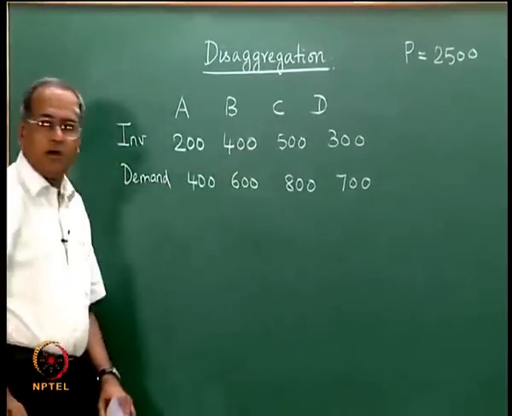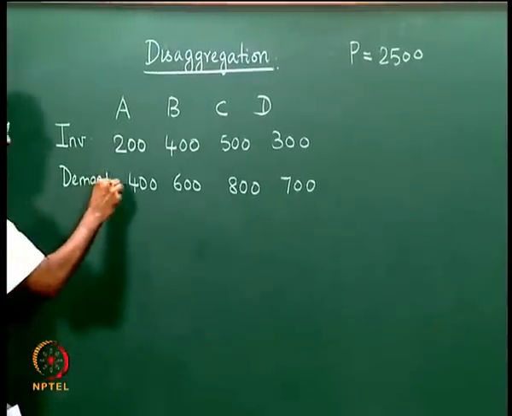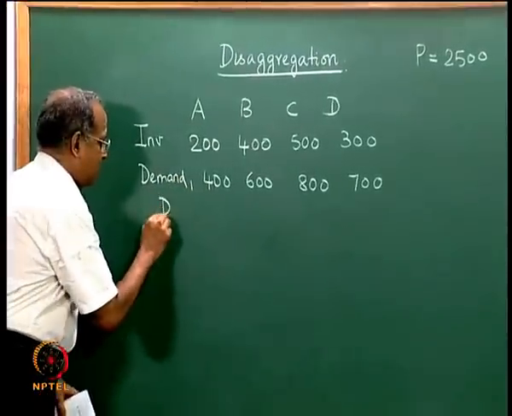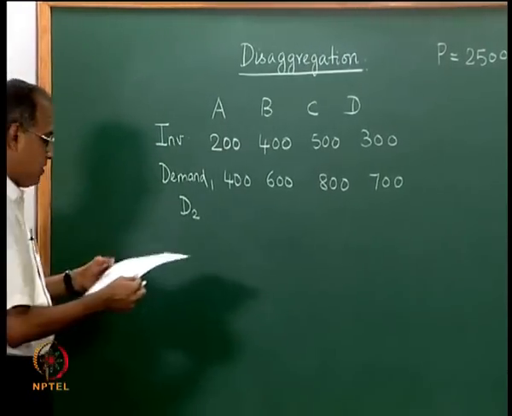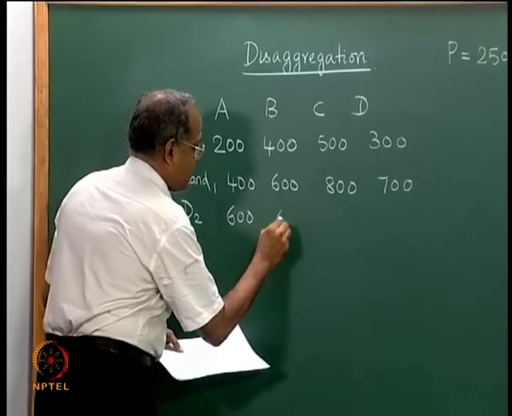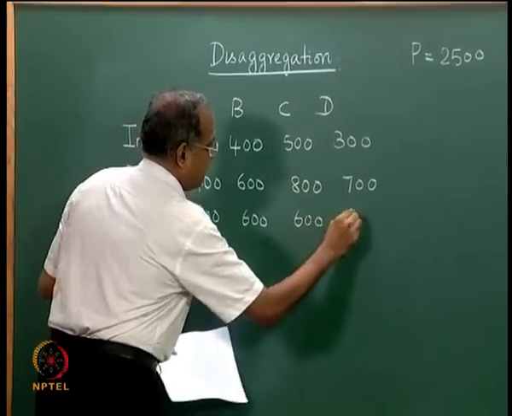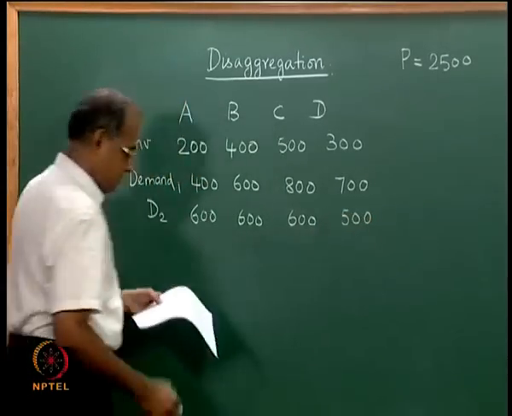Now, in this model we are going to assume that the demand is going to change in every period. So, we call this demand 1, and then D2 or demand 2 will be something like this: 600, 600, 600 and 500.